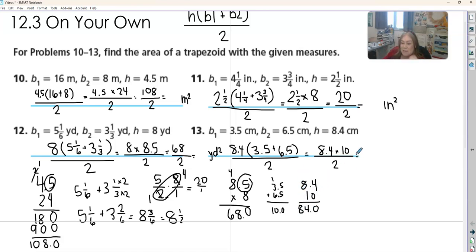So now we have 84, and we're dividing by 2. So 84 cut in half is going to be what? Centimeters squared. So every time we add the bases, times the height, cut it in half to get back to that trapezoid. Make sure I can see your work on your paper or your scratch paper.